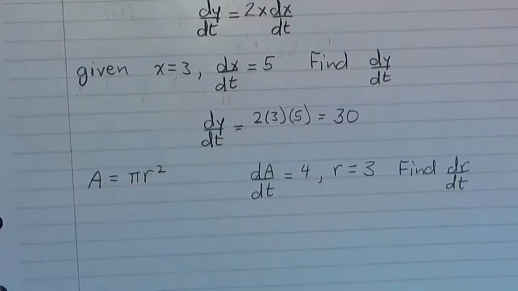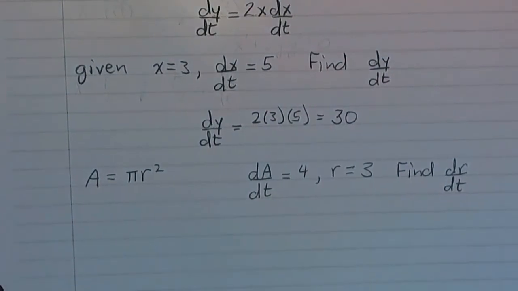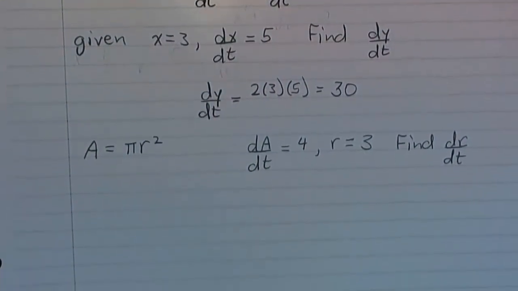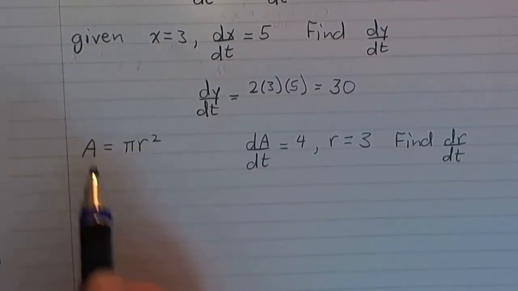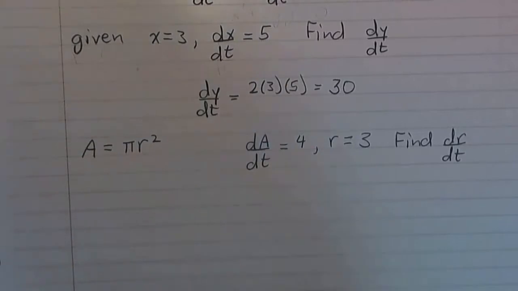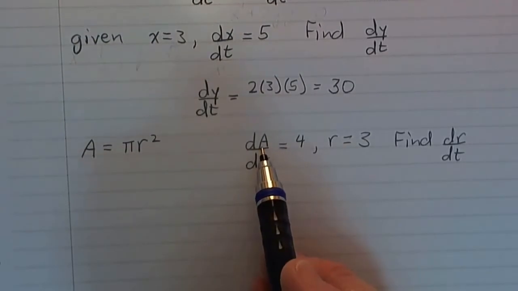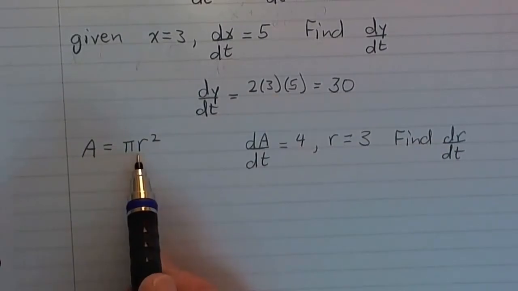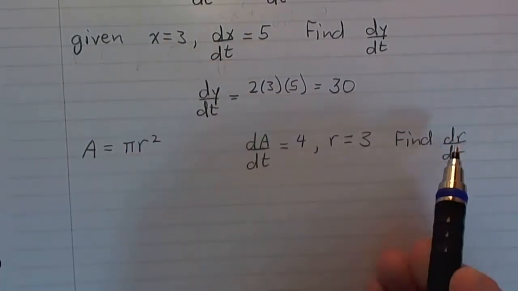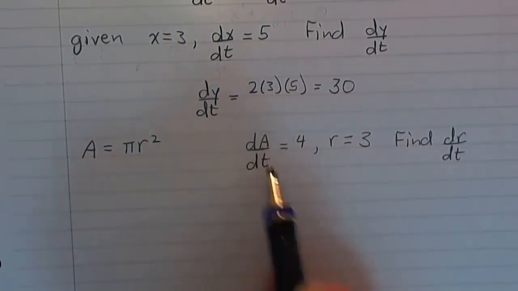Let's suppose we're given this situation here. We want to find dr/dt. So we've got the relationship here, A and r. We know how they're related. What we want to find is, how is dA related to dr? How are dr and dA related?